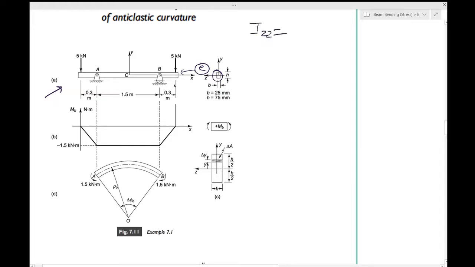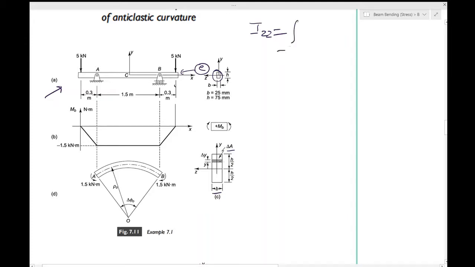For this, you take an area delta A like this shaded area, which is at a distance of y, and the length is delta y, the width is b, the width is finite. So that would help us find IZZ.